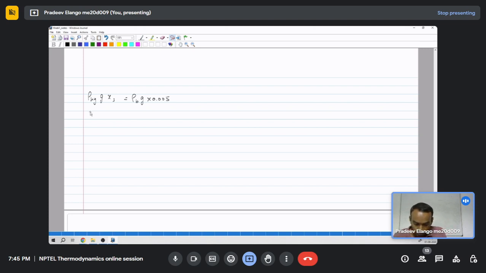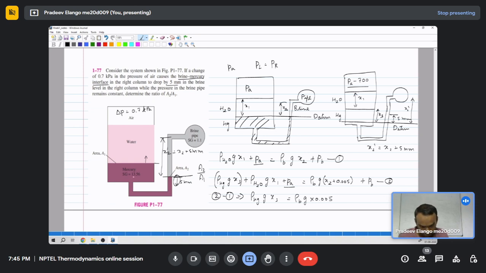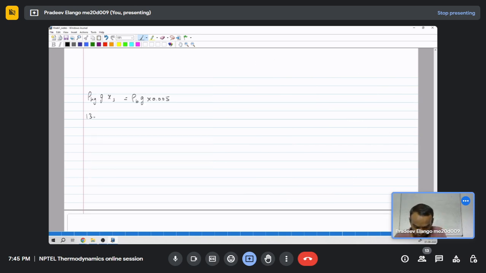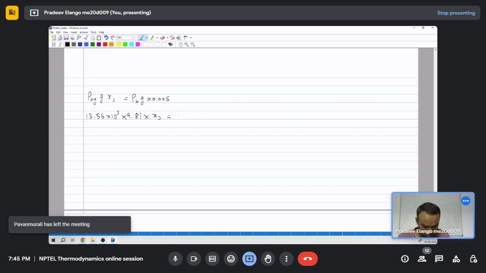Now we know the density of mercury. Maybe they are given some value to be considered. They are given 13.56 as specific gravity. We have 13.56 into 10 power 3 into 9.81 into x3 is equal to, we have brine solution specific gravity as 1.1 into 10 power 3 into 9.81 into 0.005.